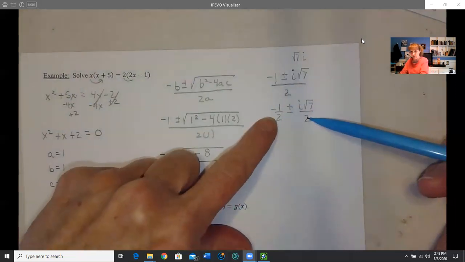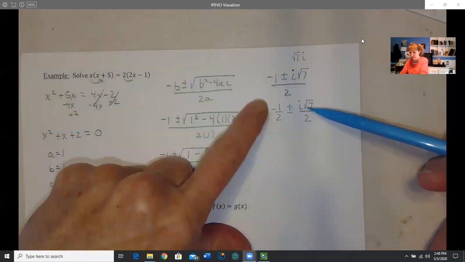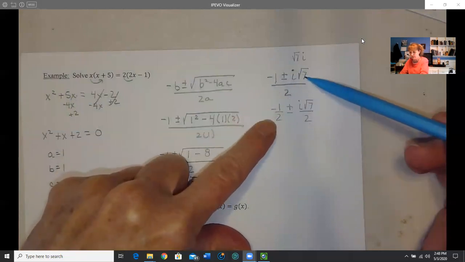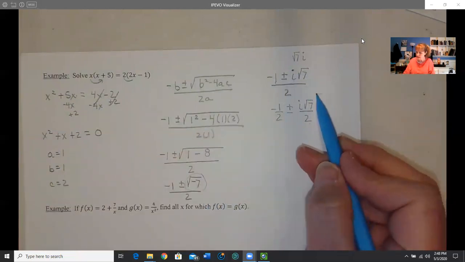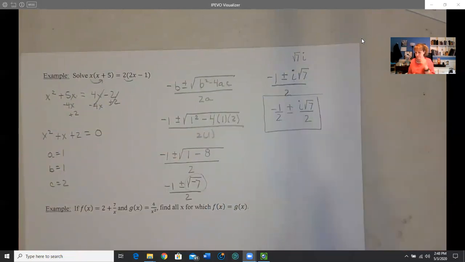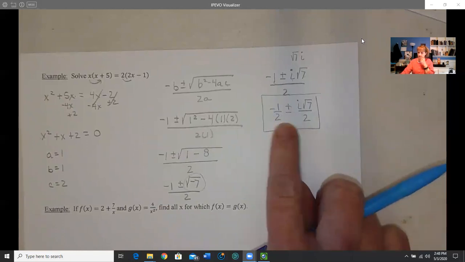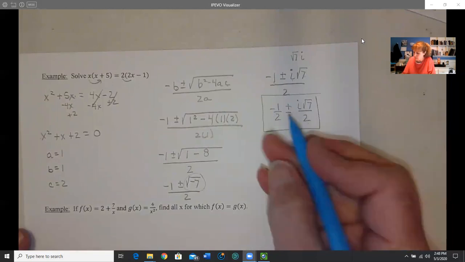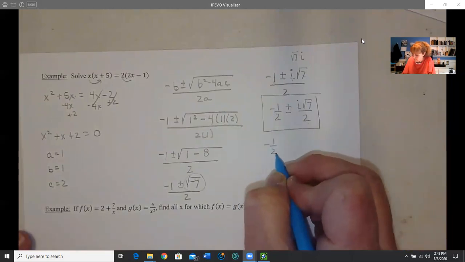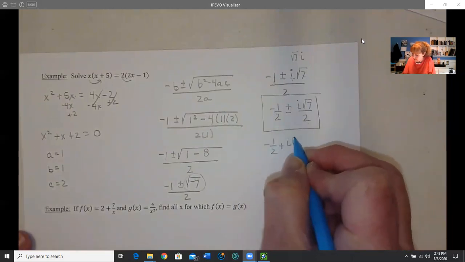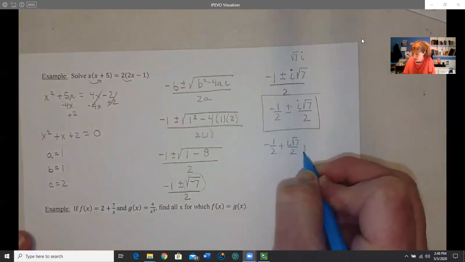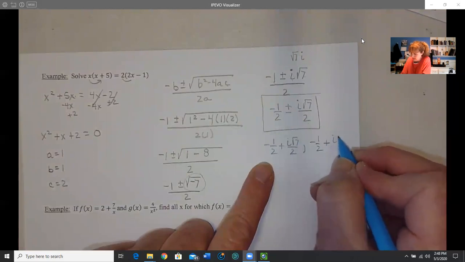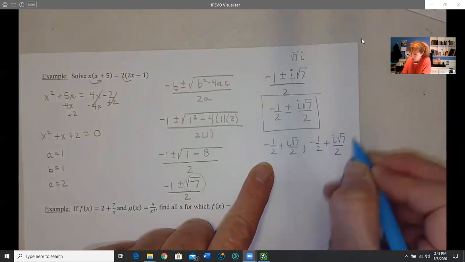Normally we go from here, common denominator, to here, common denominator, and you add or subtract the numerators. But a lot of times they may want that separated into the real part and the imaginary part. And they may even want it further: negative 1/2 plus i square root of 7 over 2, comma, and negative 1/2 minus i square root of 7 over 2.